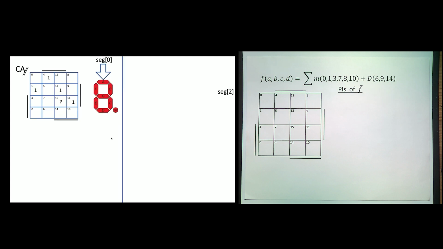When you did the hex 7 seg, you had to come up with a function for each one of these segments.